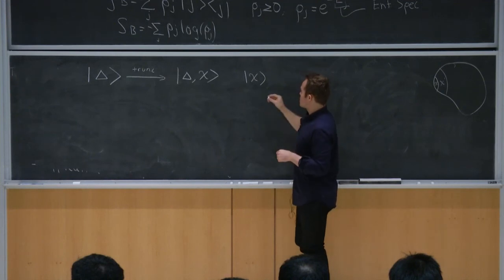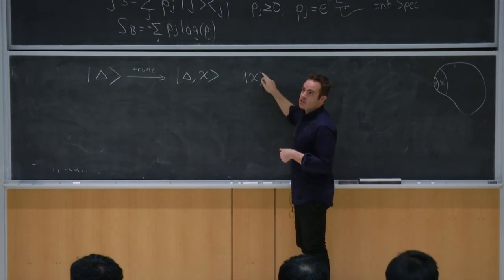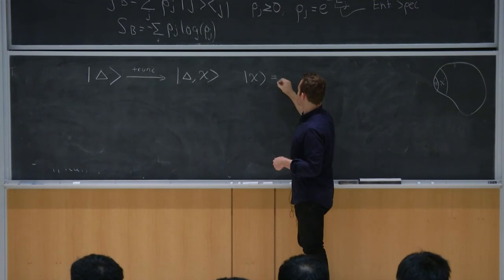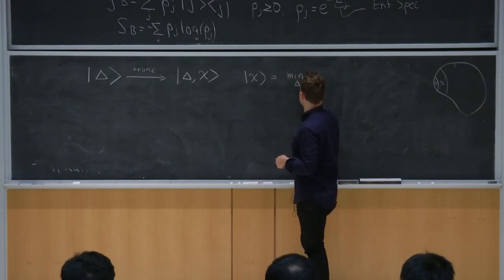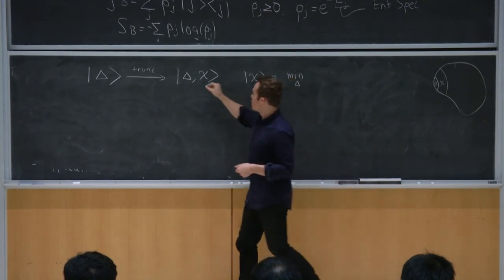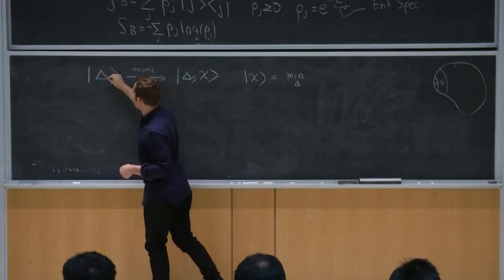Now, their claim is that this state here, chi, is the output of the DMRG when running it on a critical Hamiltonian. And their claim is that this comes from minimizing over all choices of the gap. And I should say this gap here is going to be exactly the finite entanglement gap.